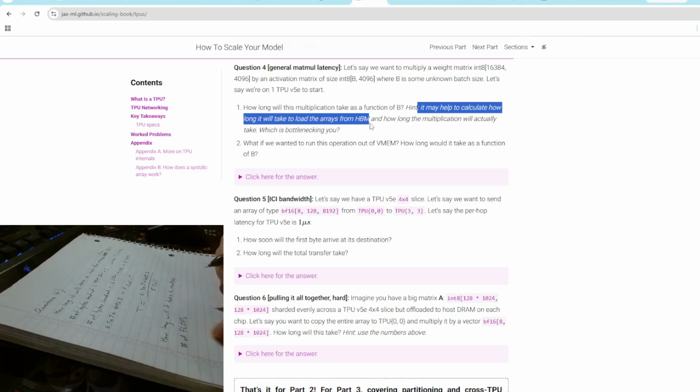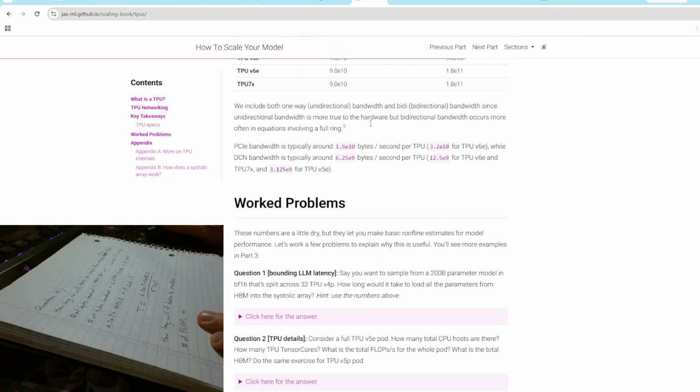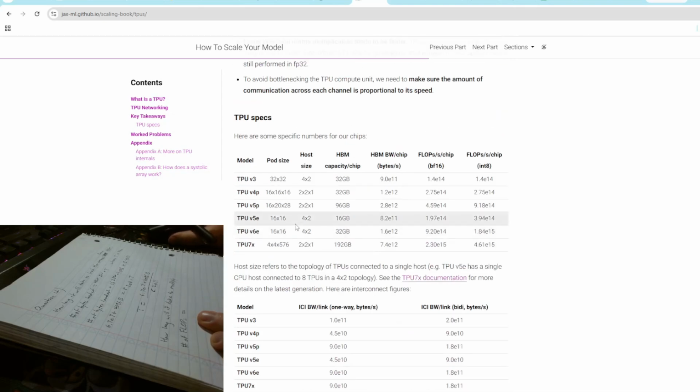Well, technically not floating point operations, ops, but okay, number of flops equals flops per second per chip for int 8 times time.